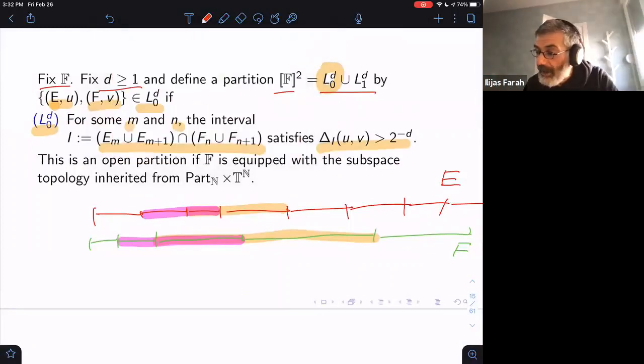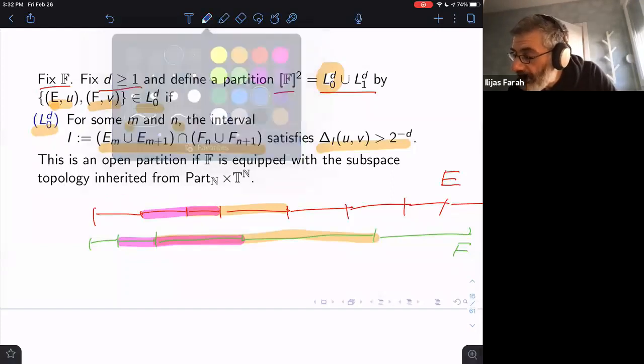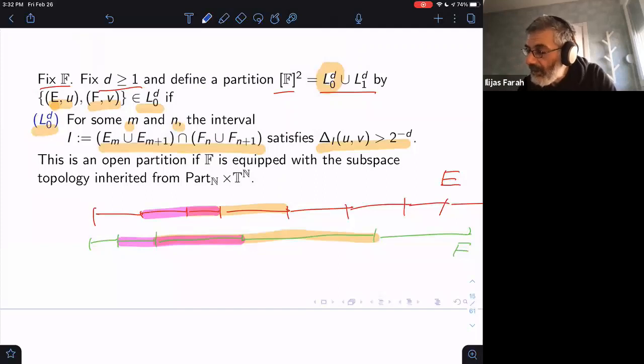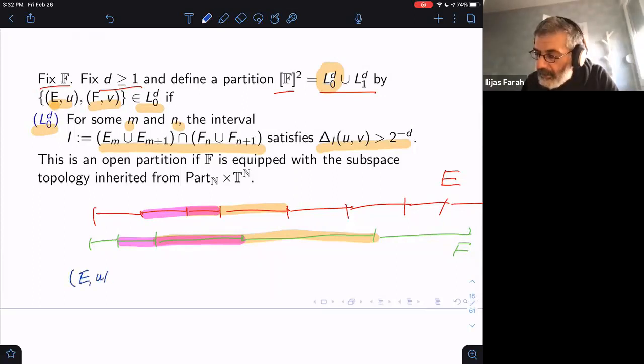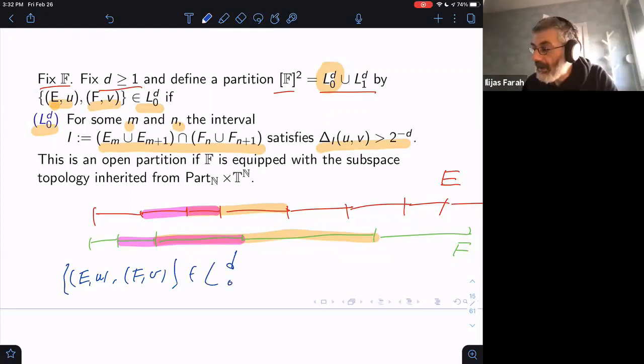Anyway, why is it open? Well, you see here, from my picture, let's see if I still have unused colors. Let's say that I fix (E,U) and (F,V), which belong to L_D^0. Now, belonging is witnessed by some pair I, J. So let's say that I and J are here.